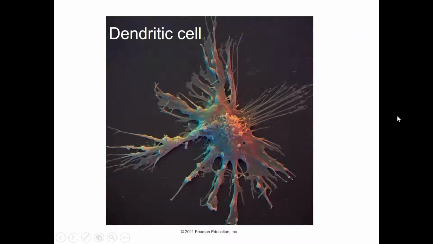This is a figure of a dendritic cell. It has all these spikes, which are dendrites, and that's how they got the name. That also increases the chance of exposure to a pathogen or foreign antigen, so it can be taken in, and also exposure to helper T cells.